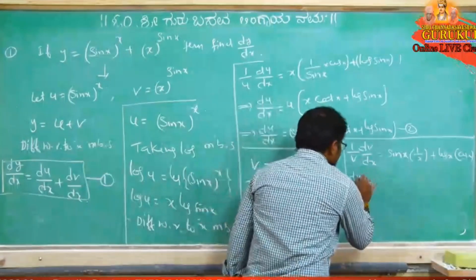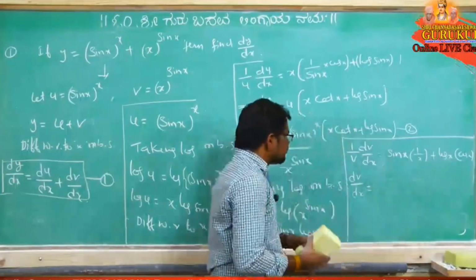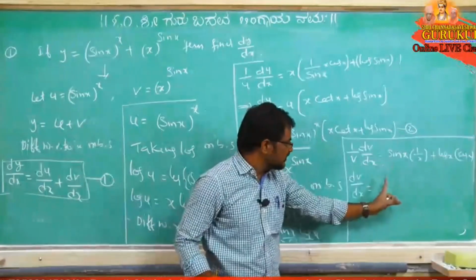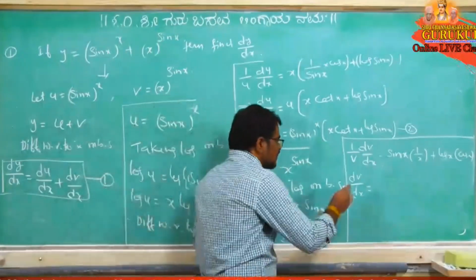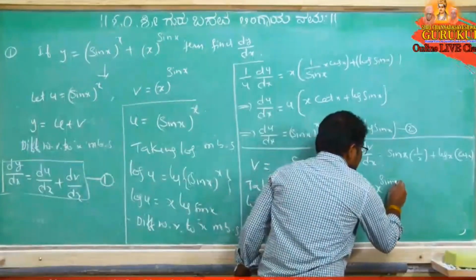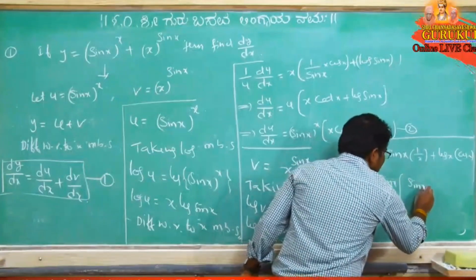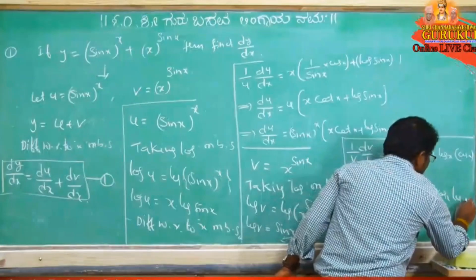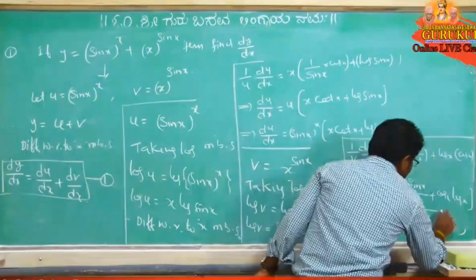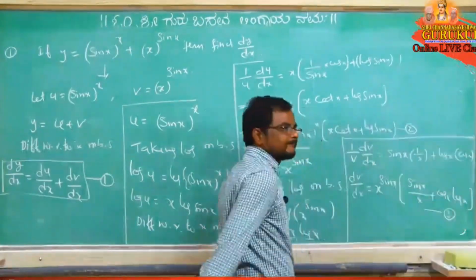Now dv by dx equal to v cross multiplication, but v directly you can substitute: x to the power of sin x into sin x by x plus cos x into log x. Take this as equation number 3.